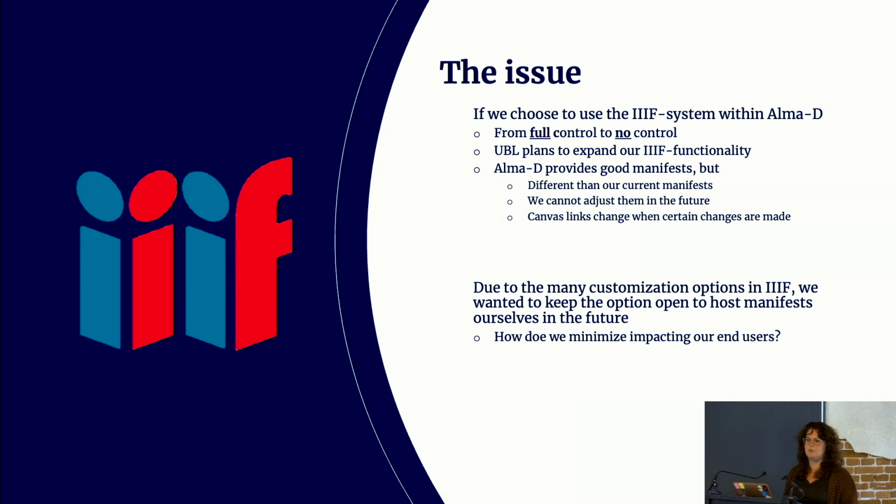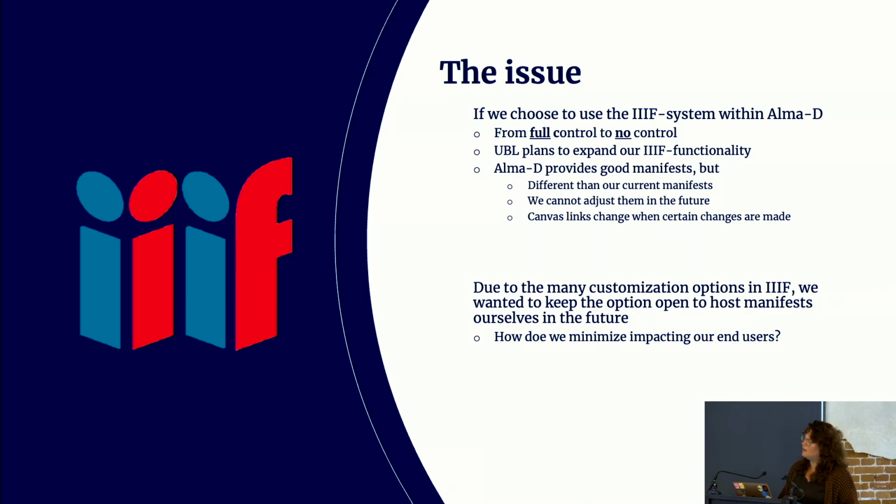Rama did a really nice presentation yesterday about AI that we want to incorporate as well. But if we completely rely on the new repository, then we have no control ourselves. So we're dependent on what they decide to do, which is against our wishes.